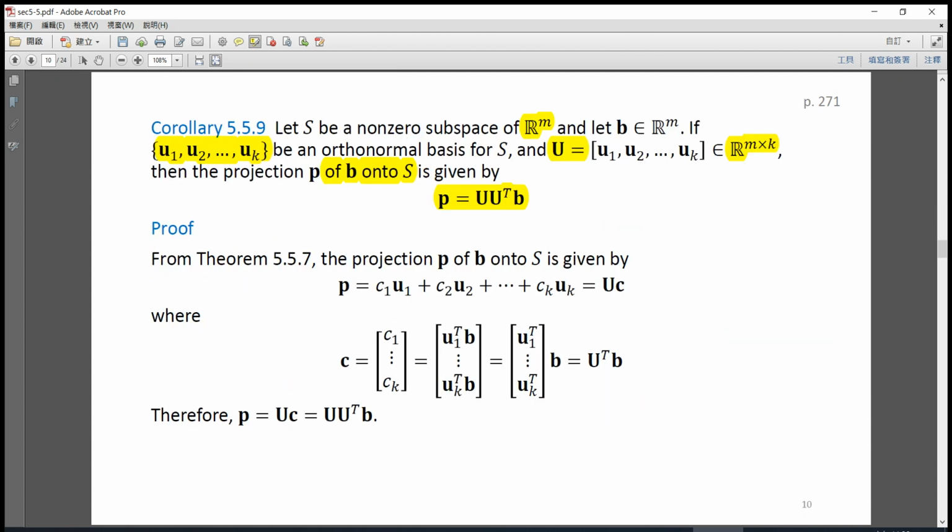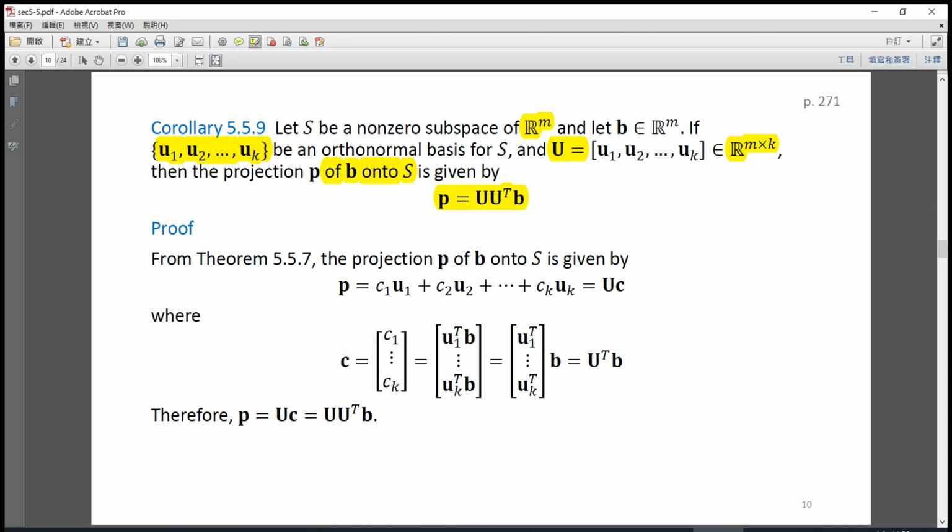If the vector space is not Rm, for example, if the vector space is continuous functions or polynomials, then we cannot apply Corollary 5.5.9. In this case, you have to return to Theorem 5.5.7 to compute the projection vector P.